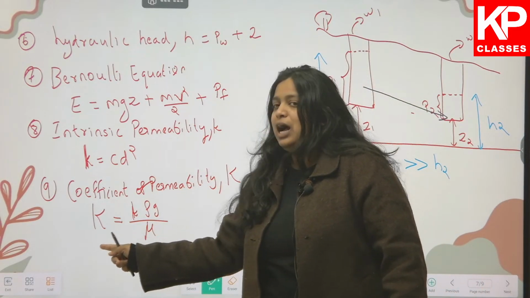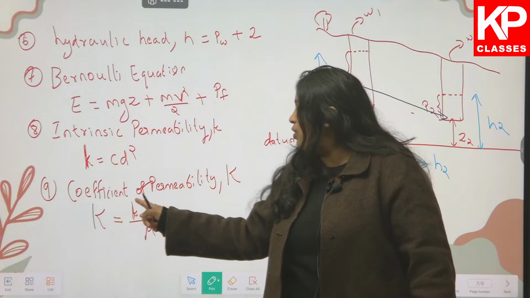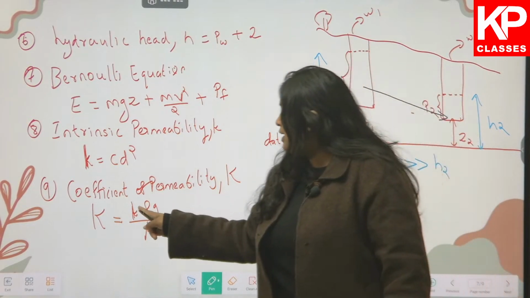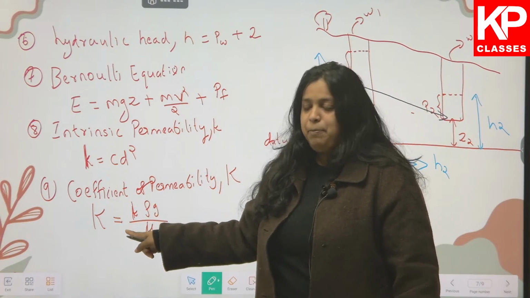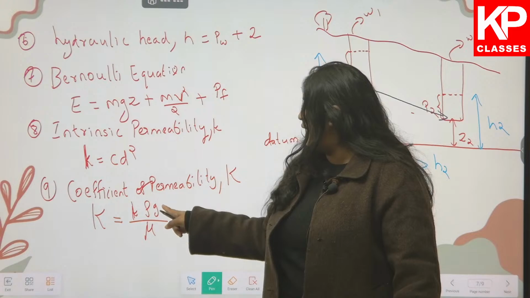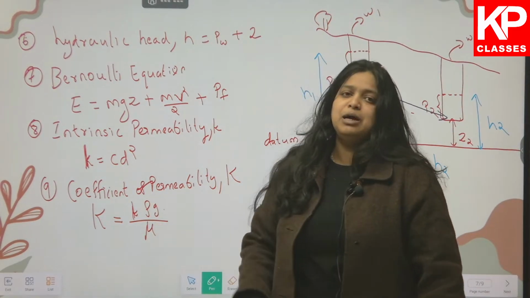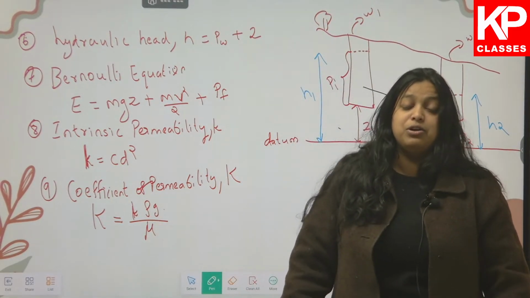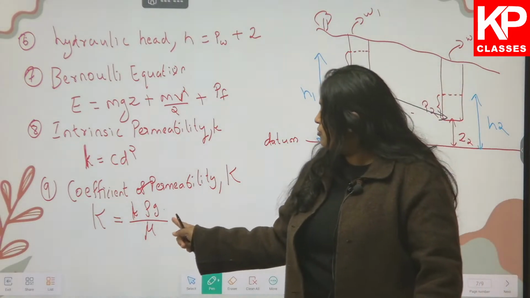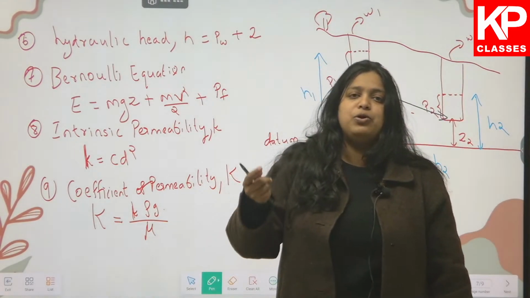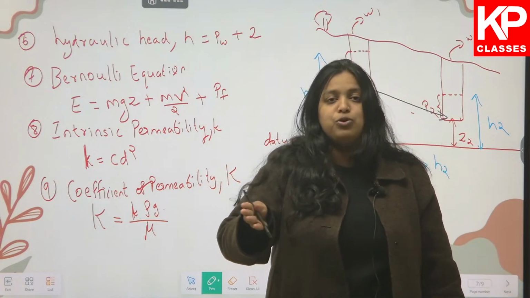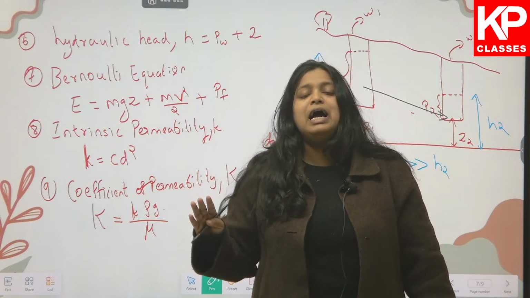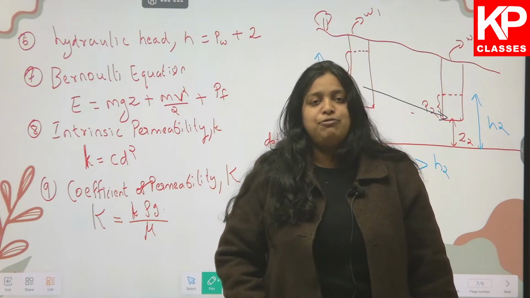Whereas the hydraulic conductivity, the coefficient of permeability, depends upon the intrinsic permeability of the medium, the density of water, acceleration due to gravity, and the dynamic viscosity of the fluid or the water. So the coefficient of permeability depends upon both the medium the fluid passes through and the property of the fluid also.